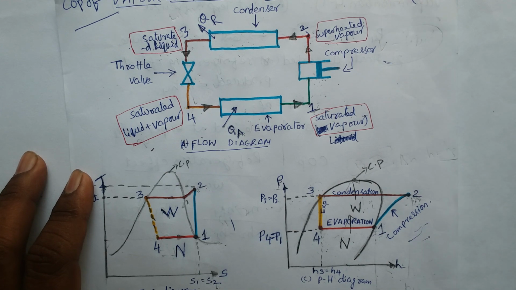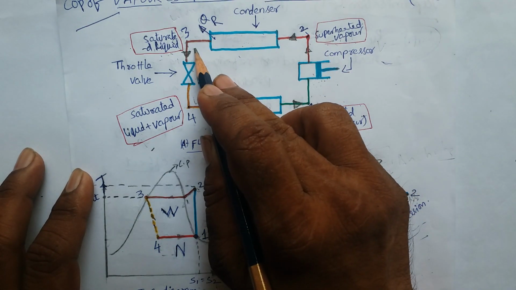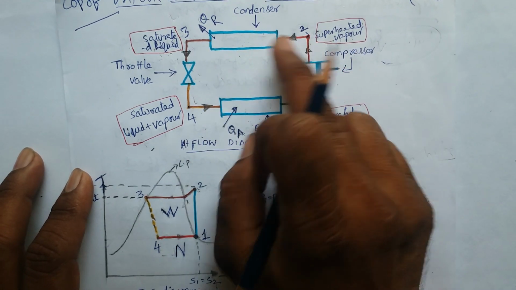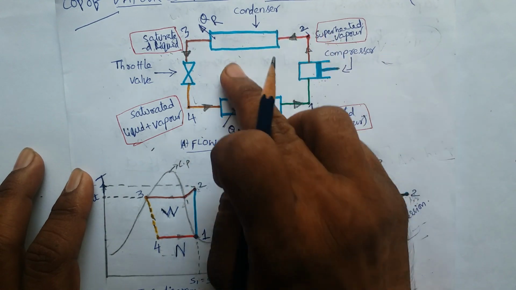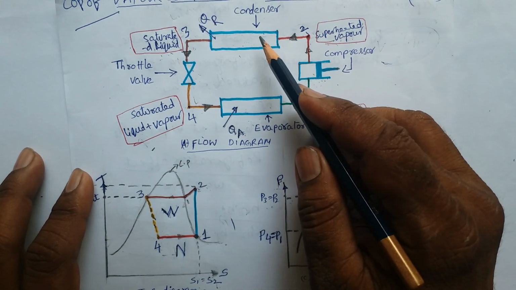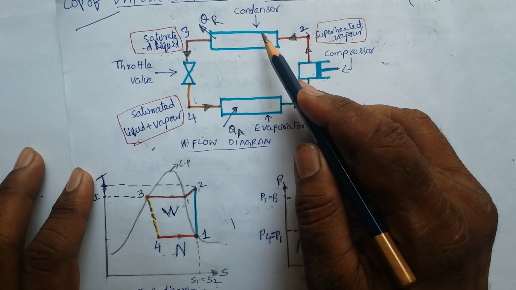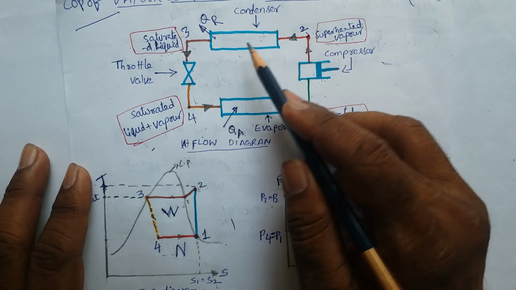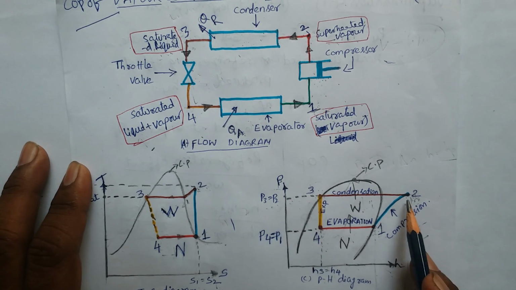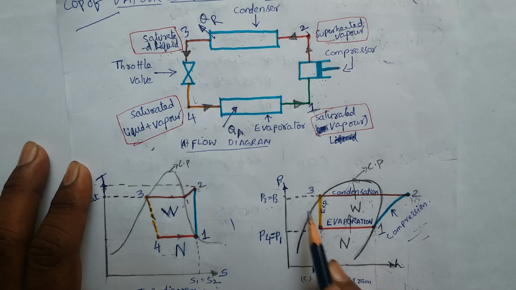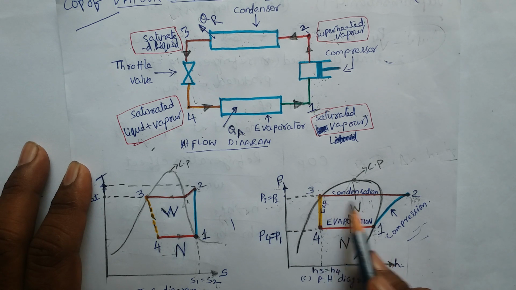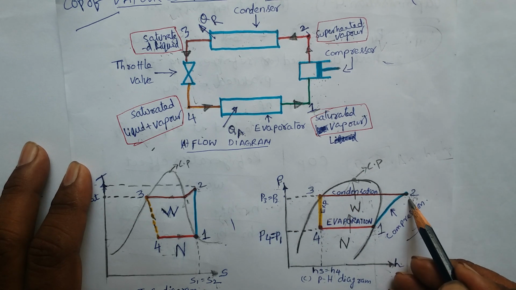Next, 2 to 3 is condensation. Here isobaric heat rejection takes place. Isobaric means constant pressure, so in the pH diagram we draw a horizontal line, perpendicular to the pressure line, because pressure is constant. So P2 is equal to P3.